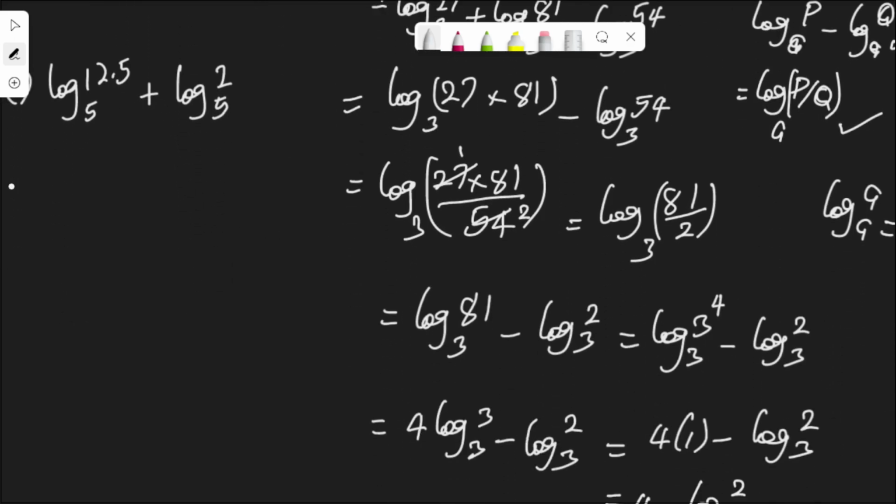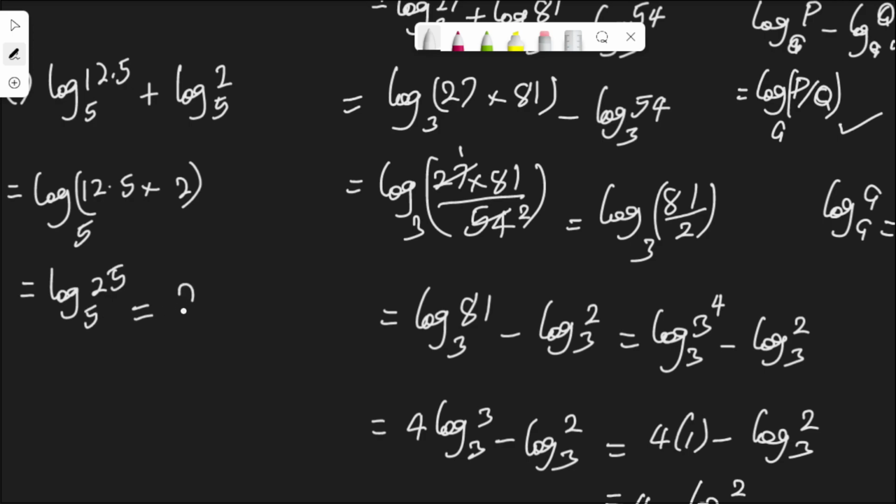If I apply it here, this will be log 12.5 multiplied by these two, then to base 5. And 12.5 times 2 is 25. So this is log 25 to base 5.